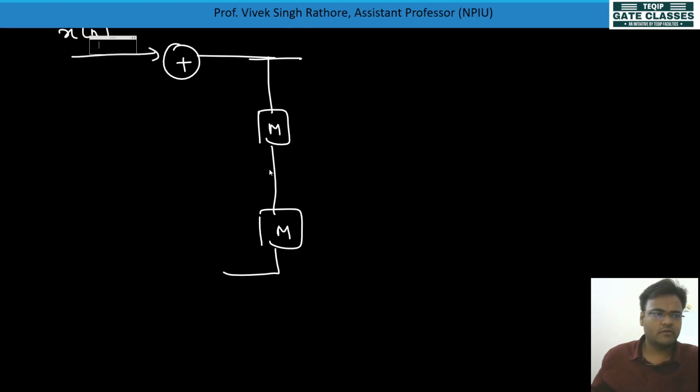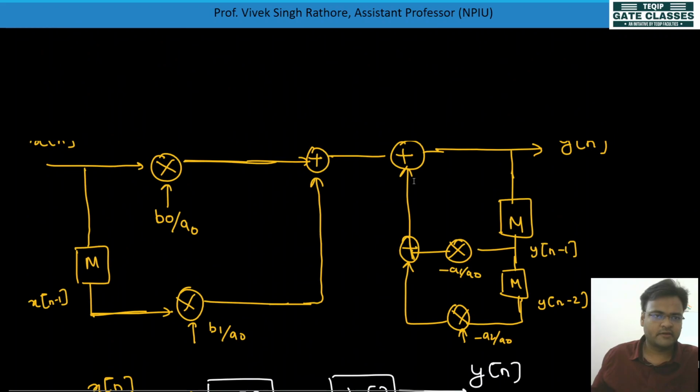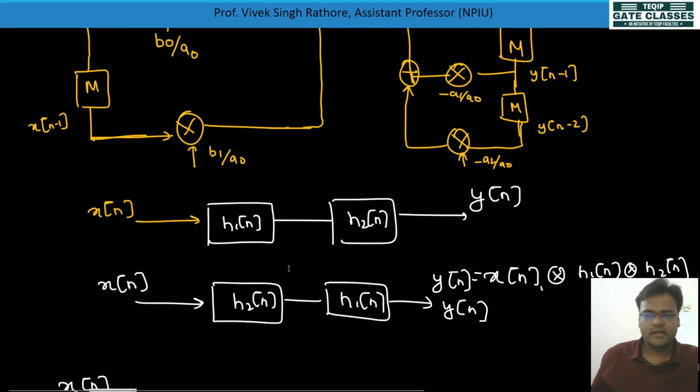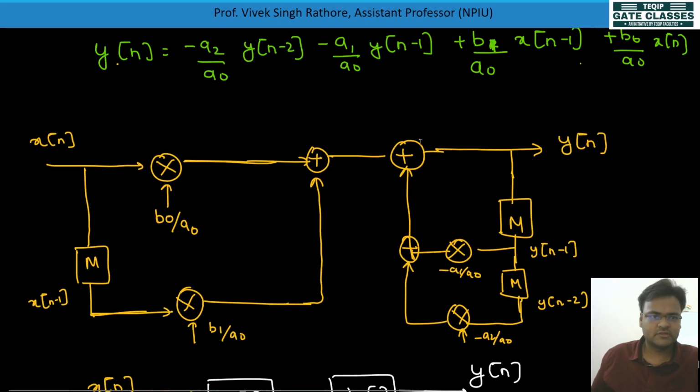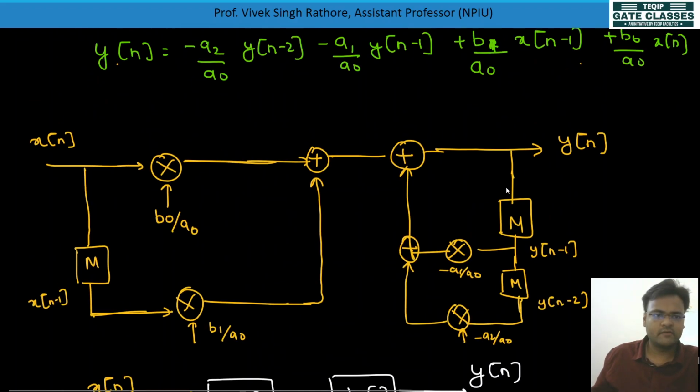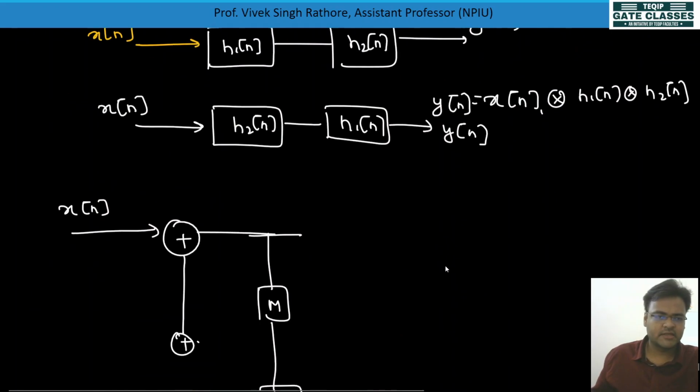Earlier this combination was there, and all things were there; you just need to move this right hand side to the left hand side. So one more combination is there, and some value will come. What value will come? The m value is there, and here minus a1 by a0.